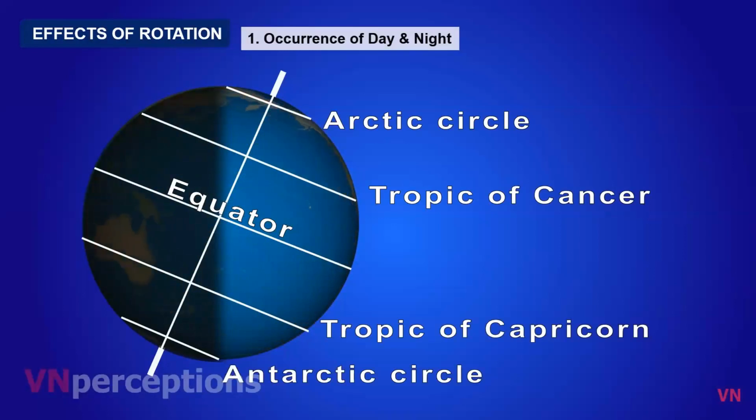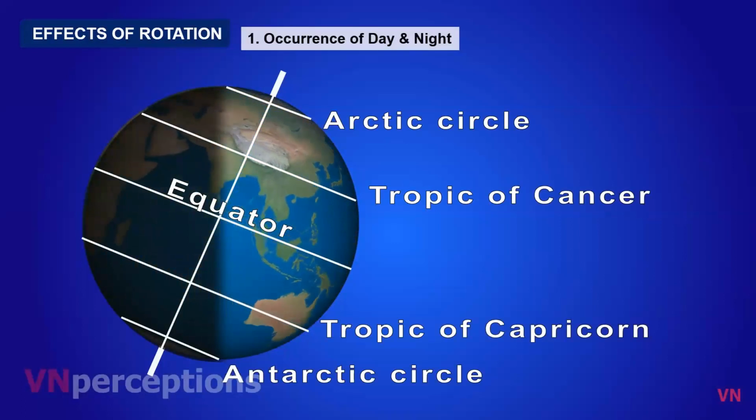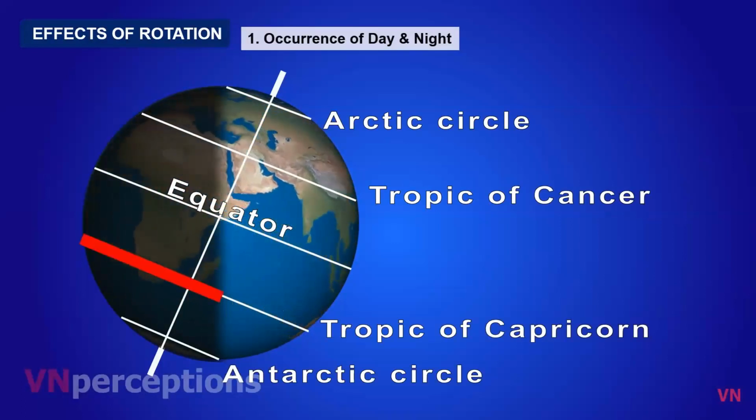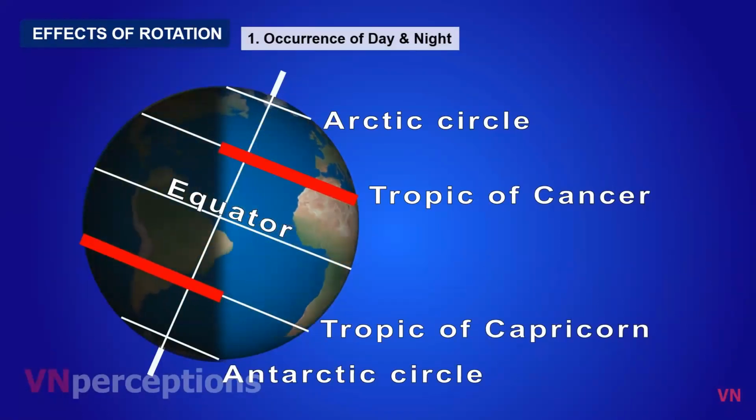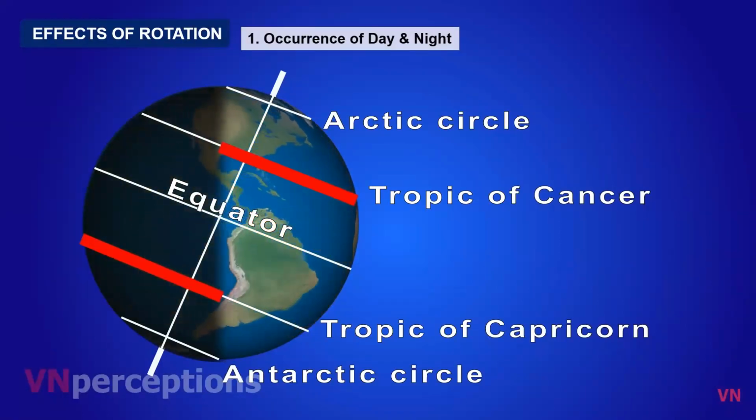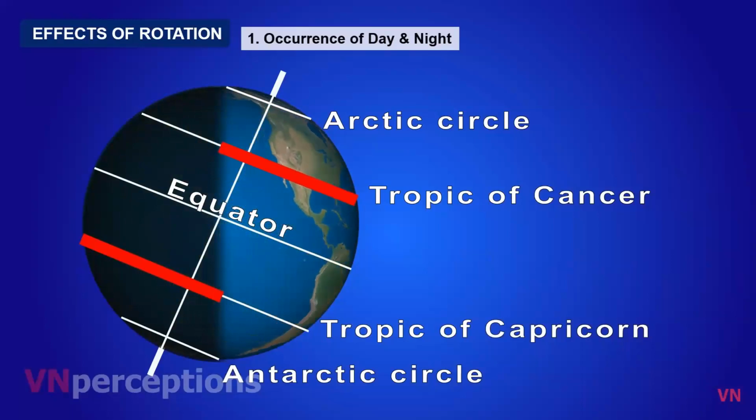Now, if you see the lines carefully, in the southern hemisphere, you will understand that the duration of night is longer, and in the northern hemisphere, the duration of day is longer than the night. The reason is the northern hemisphere is facing the Sun and the southern hemisphere is facing away from the Sun.